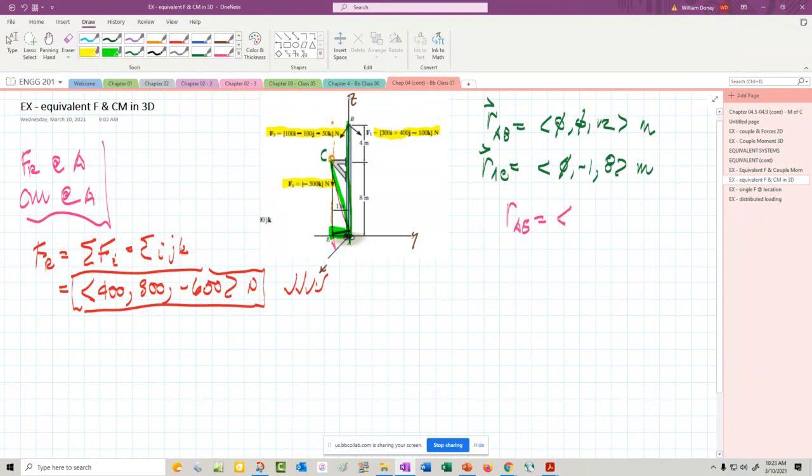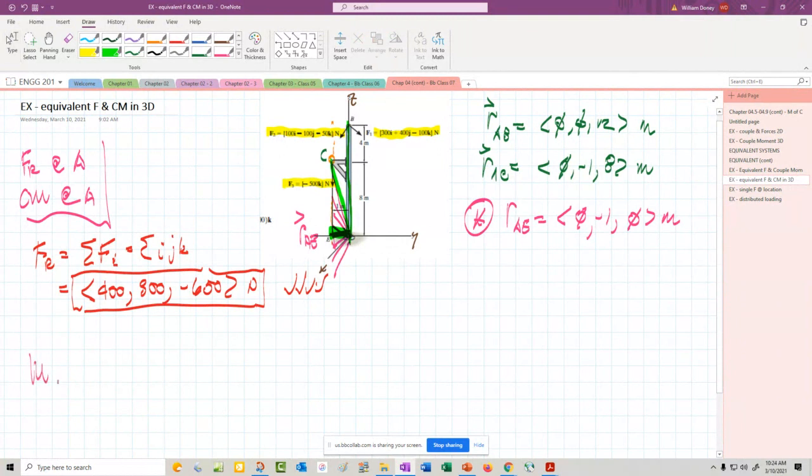That one would be even easier as 0, minus 1, 0. That makes it even easier because there's going to be less in the 3 by 3s there. Everybody okay with that? I can use a position vector that goes anywhere on that line of action, but A to E right there is certainly the cleanest and simplest.